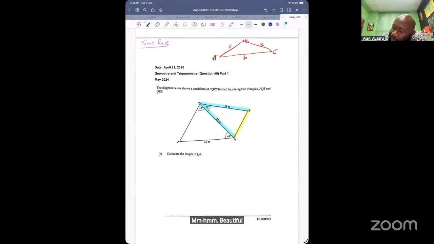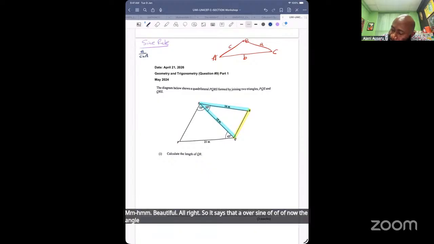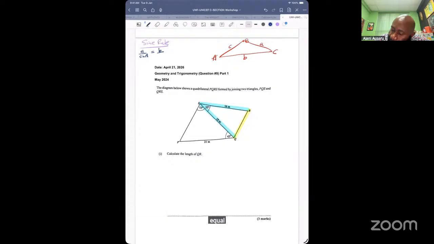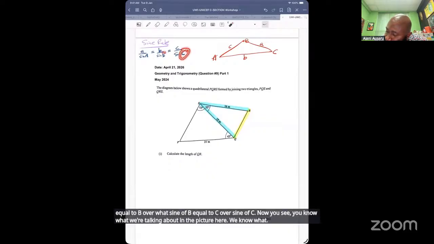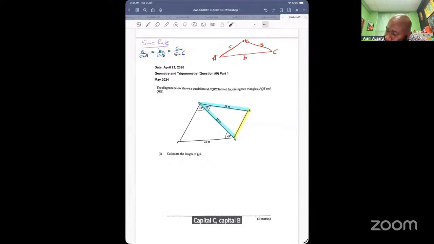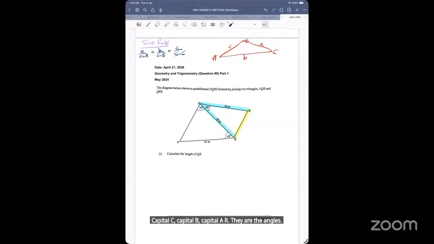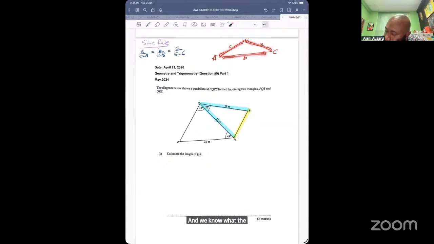So it says that a over sine A equals b over sine B equals c over sine C. And you see what we're talking about in the picture here: capital A, B, and C are the angles, and the lowercase letters represent the side lengths.